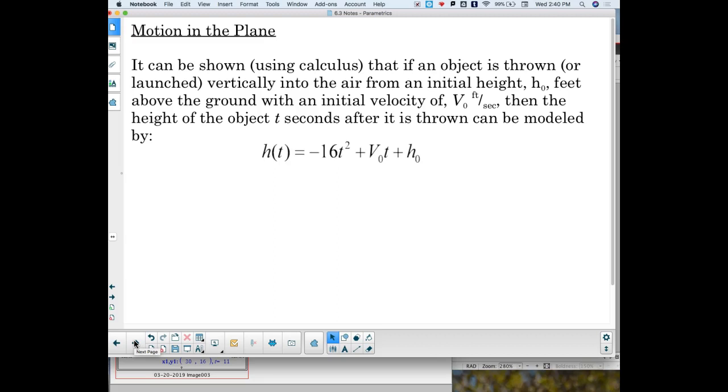It can be shown using calculus that if an object is thrown or launched vertically, for instance, I have a softball in my hand, I'm going to launch it vertically. It's going to go straight up, and it's going to come straight back down.